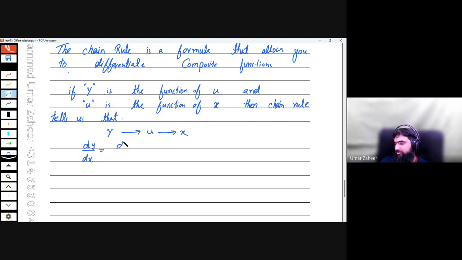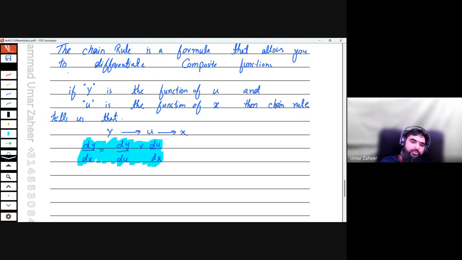That would be equal to dy over dx. Now look here, the intermediate variable is u. Because y depends on u, you have to take the derivative of y with respect to u, and u depends on x, so you have to take the derivative of u with respect to x. So basically, this is known as the chain rule.